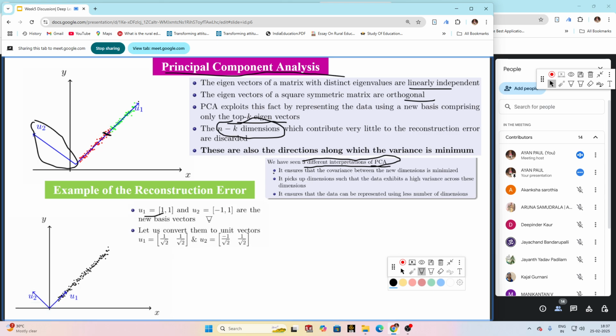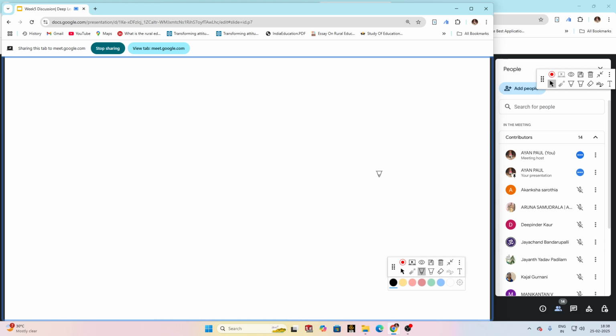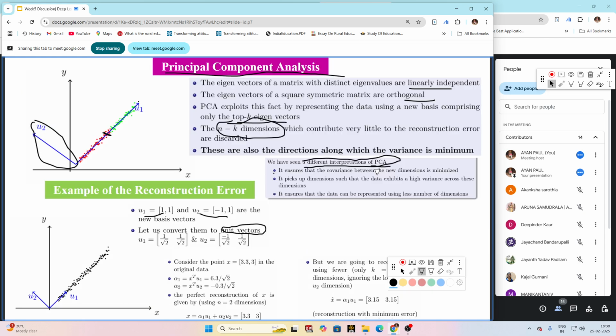These u1 and u2 are nothing but the eigenvectors given here, and we have converted them into an orthonormal basis, so we have just found the unit vectors of these eigenvectors. Then we exploit the advantage of these orthonormal vectors: alpha 1 will be equal to x transpose into u1, and so on. So we will find alpha 1 and alpha 2.